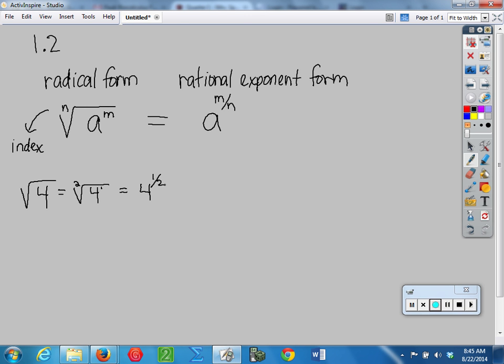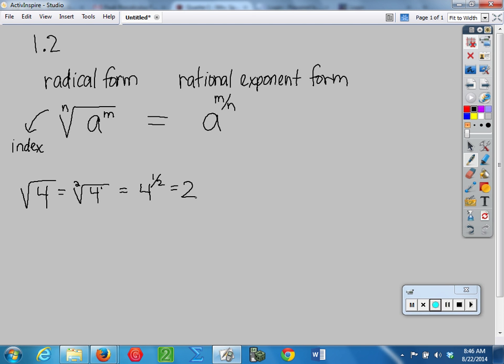That is probably the biggest thing to remember about rational exponents. If you ever see something to the 1/2 power, you're always like, what does that mean? It just means square root. So 4 to the 1/2 is the square root, and we know that equals, what is the square root of 4? 2.